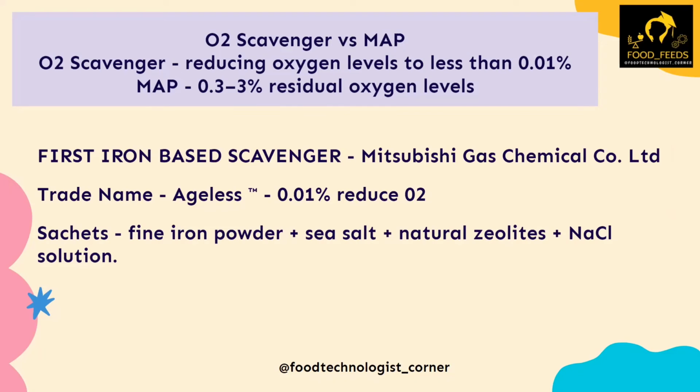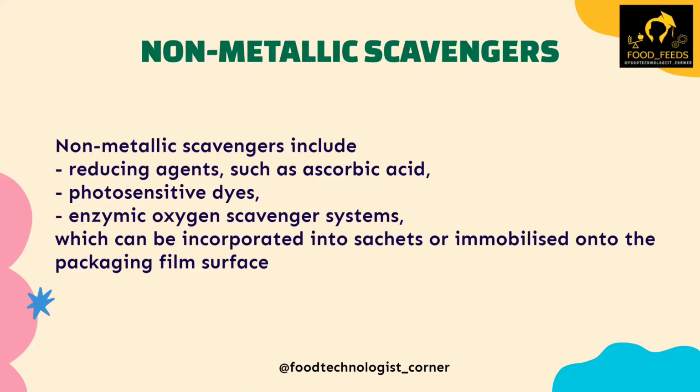So now we know the metallic-based powders, that is iron. Now we'll see what the non-metallic oxygen scavengers are. Again, why do we need to use these? Basically, in a few food products, metallic taints will remain, which is usually unacceptable in the market. So for such food products, non-metallic scavengers are used.